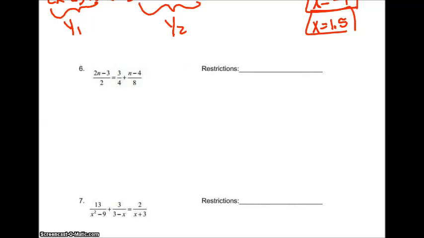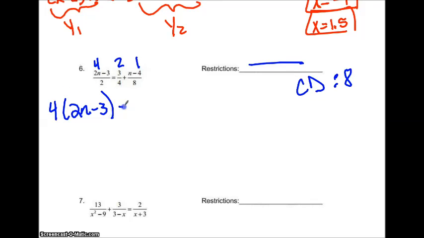Looking at number 6, there is no variable in the bottom. Therefore, there will be no restrictions. You have to have a letter in the bottom to cause a restriction. Common denominator, though, 2, 4, and 8 will all go into 8. So 8 divided by 2 is 4, 8 divided by 4 is 2, and 8 divided by 8 is 1. So you have 4 times 2n minus 3 equals 2 times 3 plus, you don't need the 1, so n minus 4.